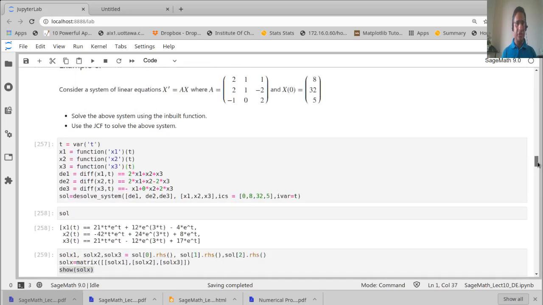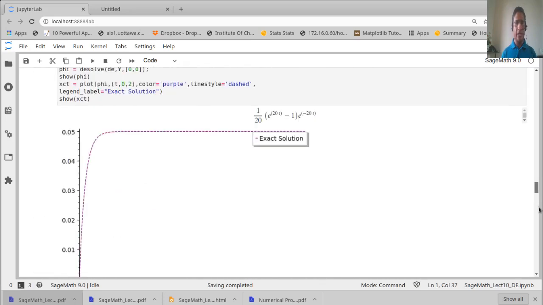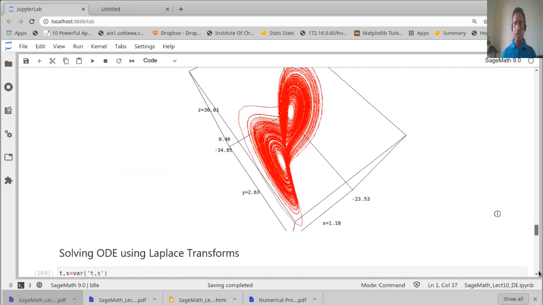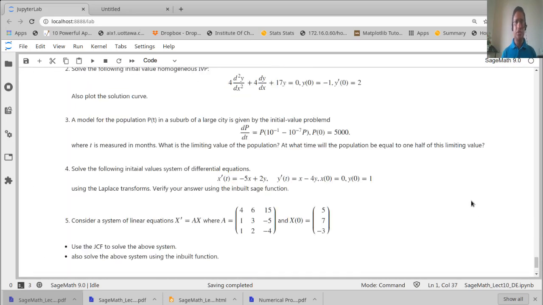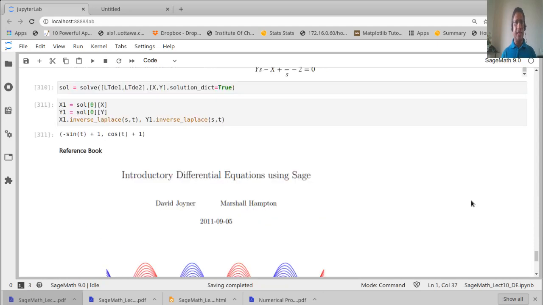So try to solve as many problems as you want, but at the end, let me also tell you, you can look at this book by David Joyner. It was written in 2011, an introduction to differential equations using Sage.